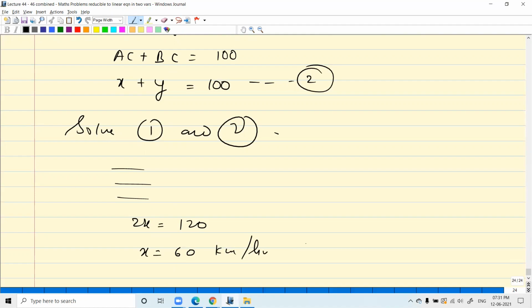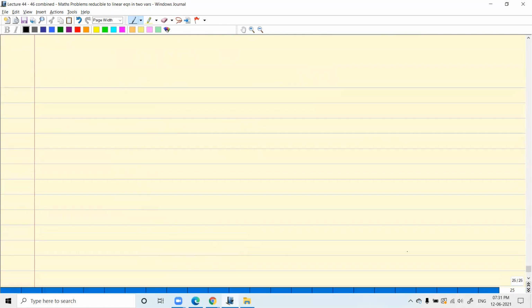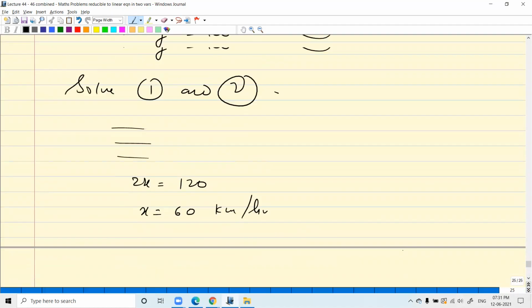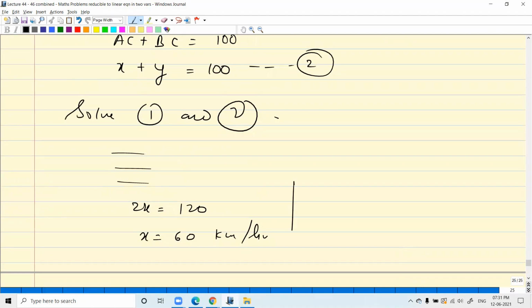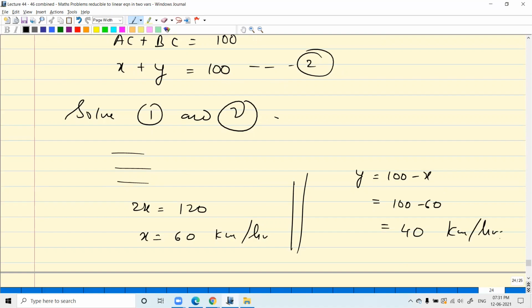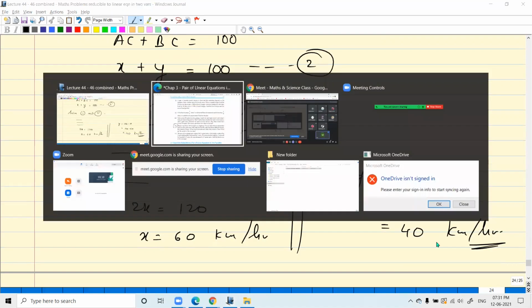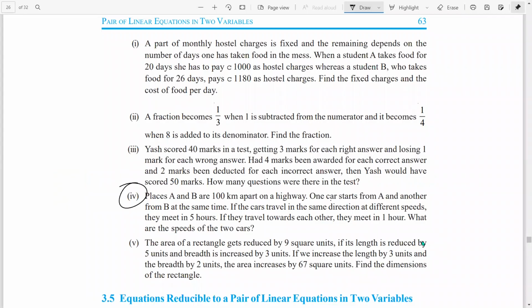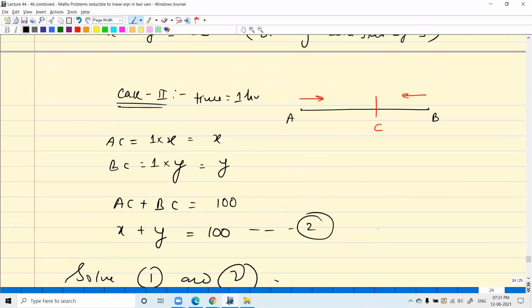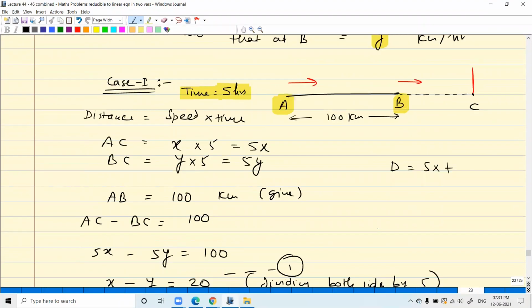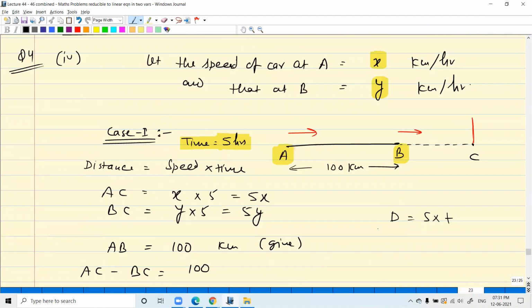And if x is 60, y will be 40. Ritesh, your question, confirm? Yes, sir.